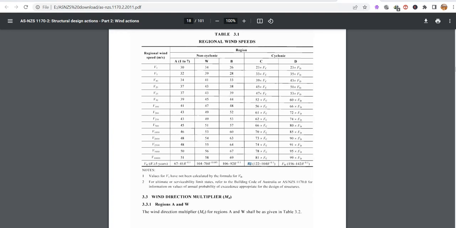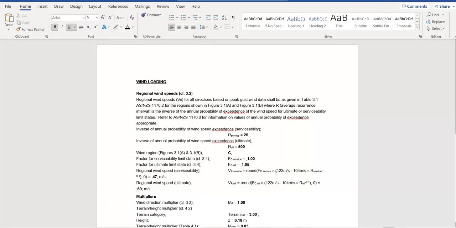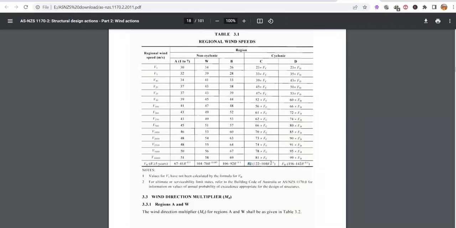So 525. Go back. So regional wind speed for serviceability and regional wind speed for ultimate. So Fc times 122 minus 104 times 25 to the power of negative 0.1. So go to this code, you'll see to the power of negative 0.1.